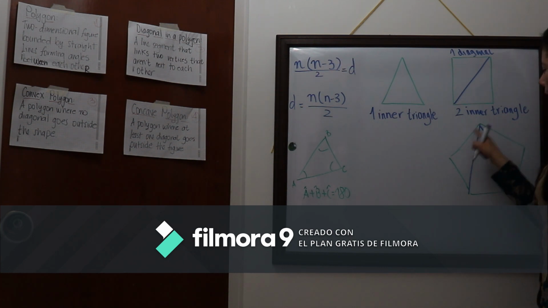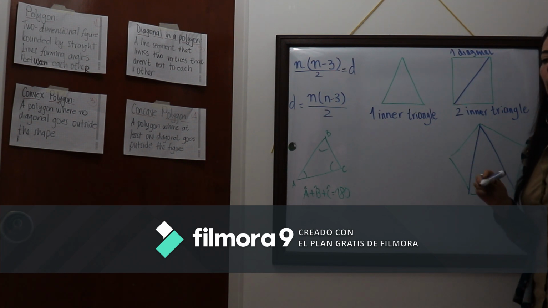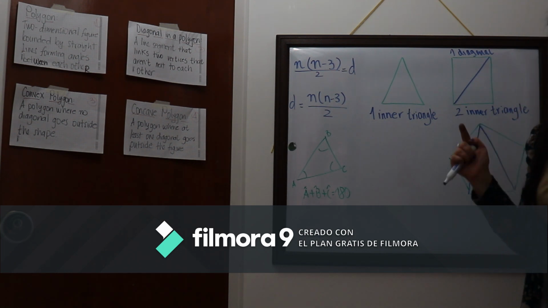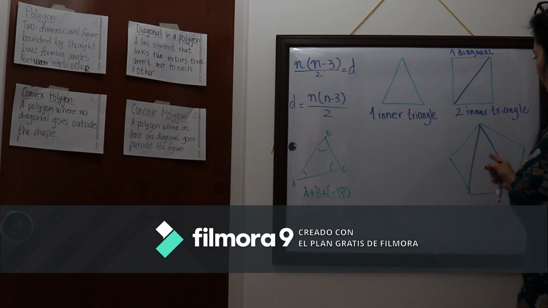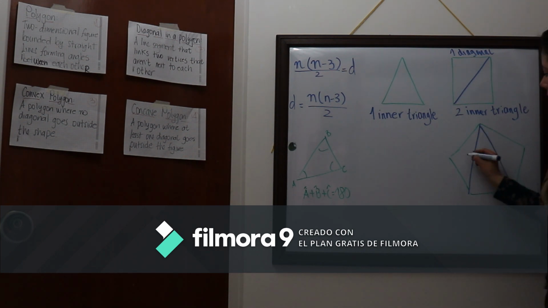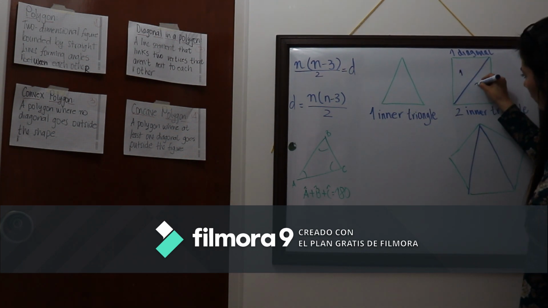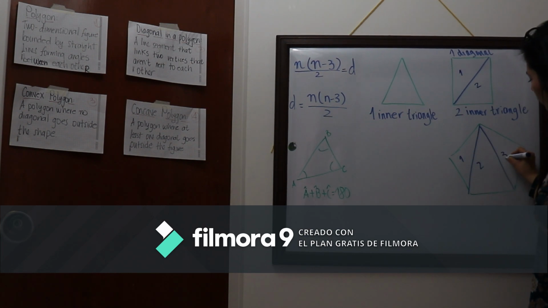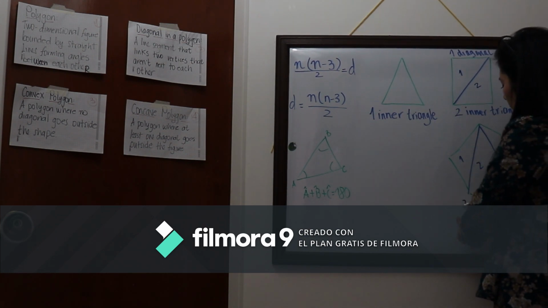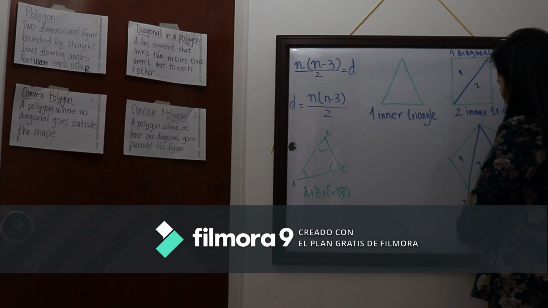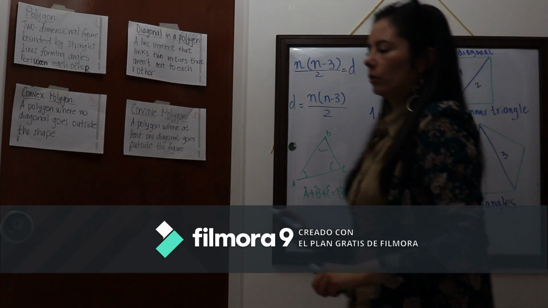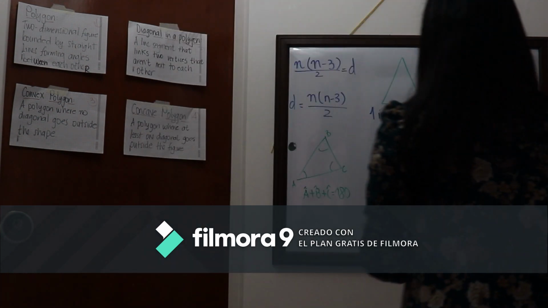And that is, in a pentagon, each vertex gets the amount of sides minus 3 diagonals. So I know I can get two diagonals here, and then I'm gonna have 1, 2, and 3 triangles. And again, I don't really need to keep on getting smaller triangles. Sorry, inner triangles is what I meant.